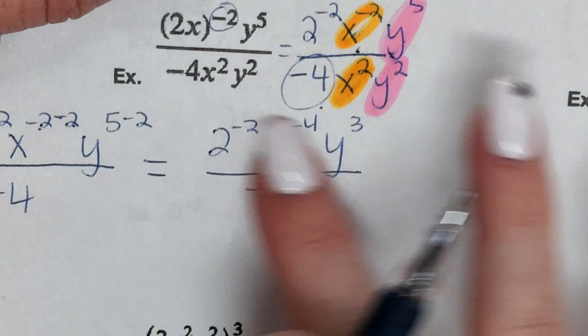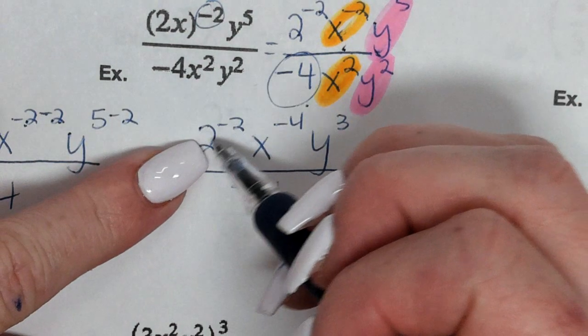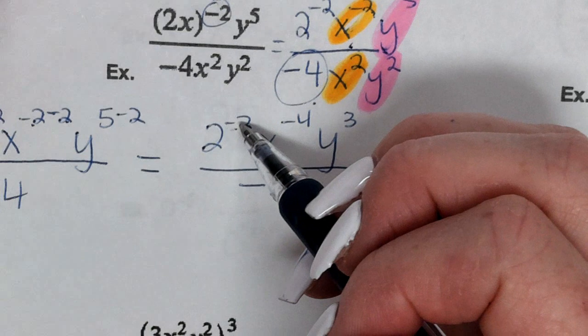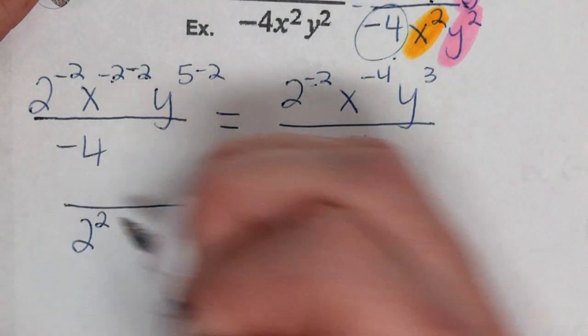That is an answer. But I can't have negative exponents, so I just move stuff around. Anything that's with a negative exponent is going to get moved to the opposite part of the fraction. Is this a negative exponent? So it's going to go to the bottom, and the exponent is going to become positive.